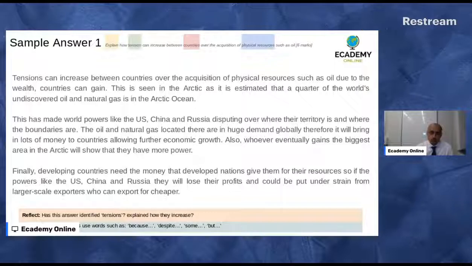So overall, it may seem like from a student's perspective that it's really well written and really well structured, but actually the depth of the answer isn't really there, and it's not referring to what's being asked for. Is that clear?